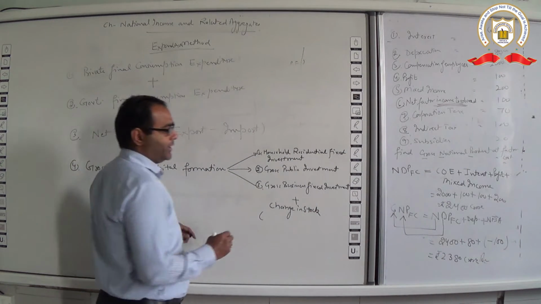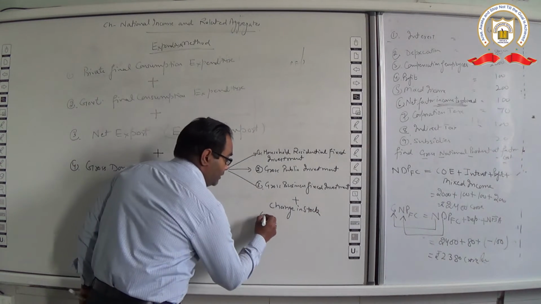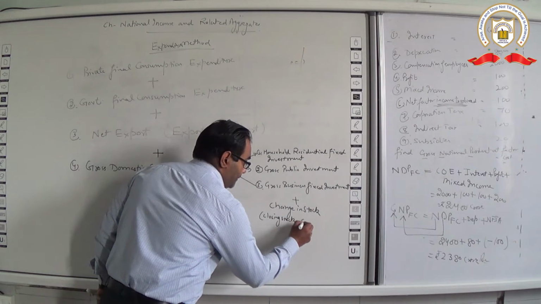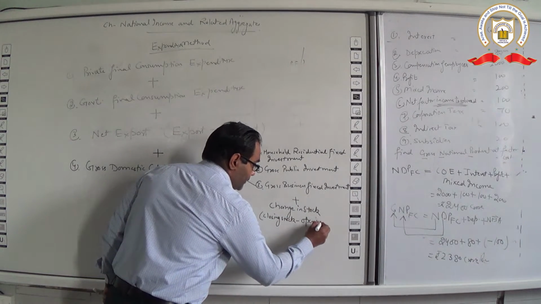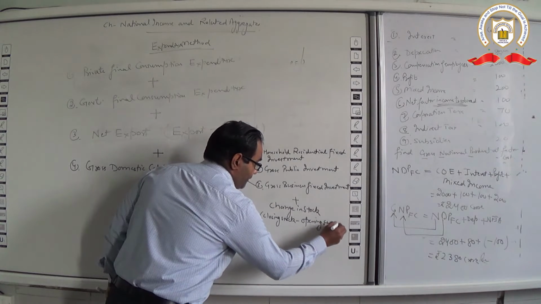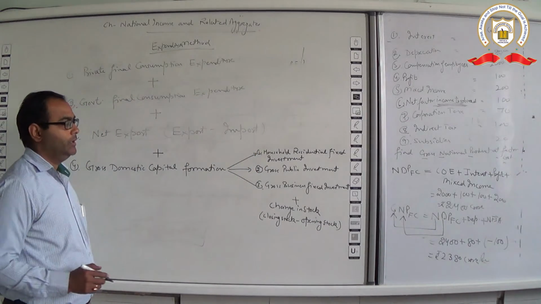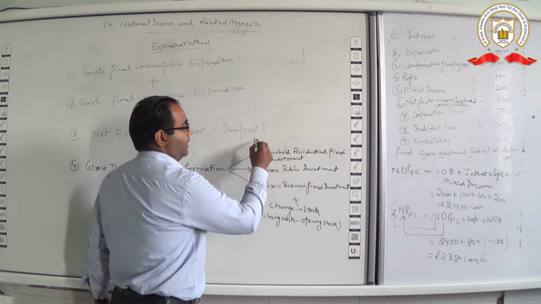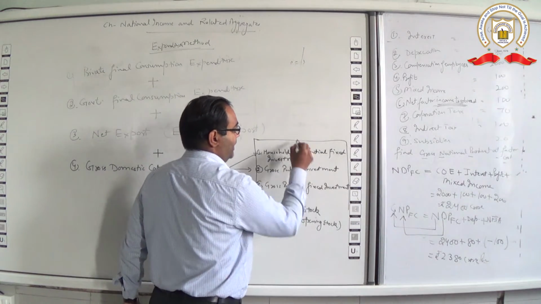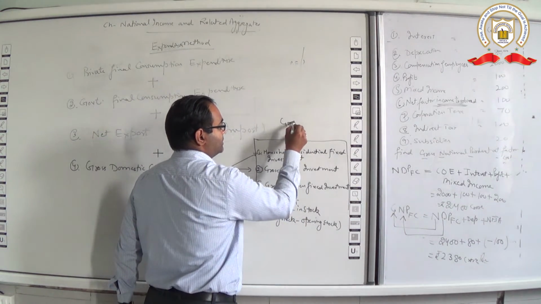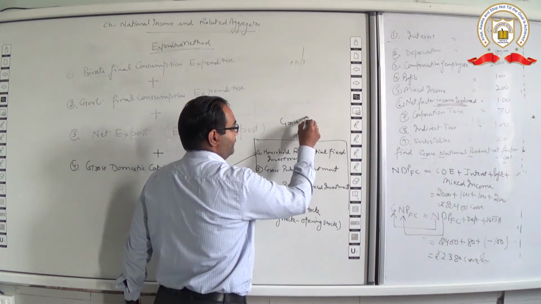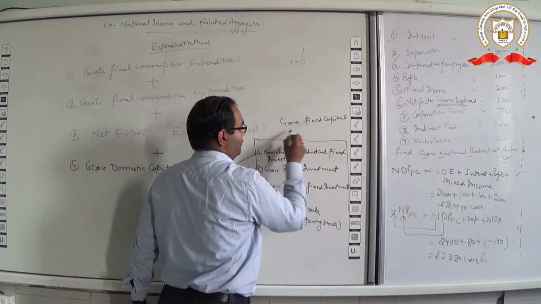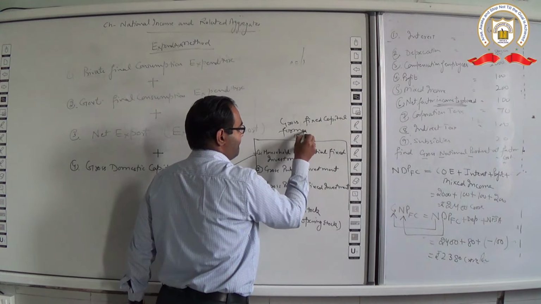And change in stock, again I am repeating, is the difference between closing stock minus opening stock. These three items are known as gross fixed capital formation.